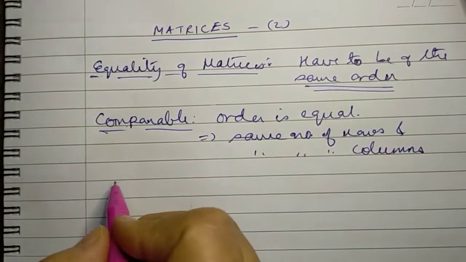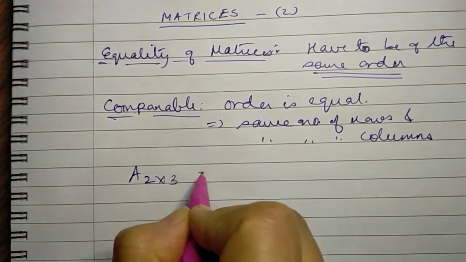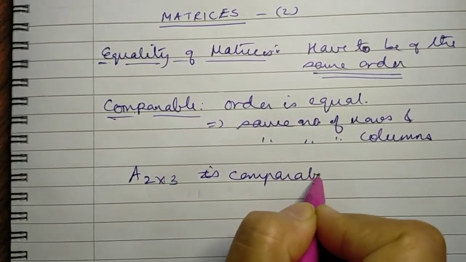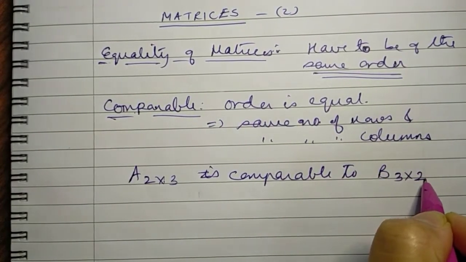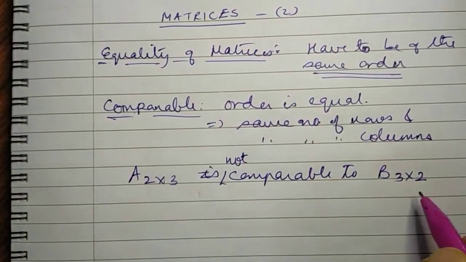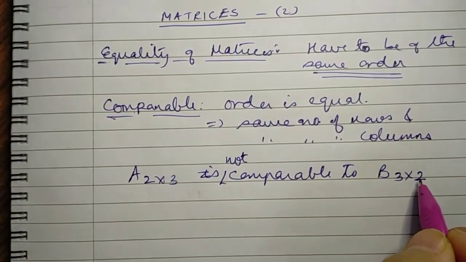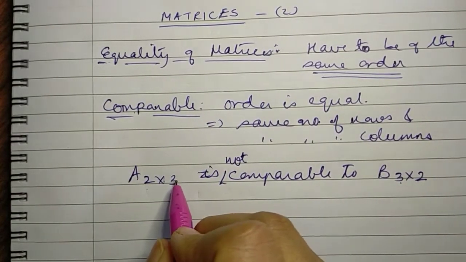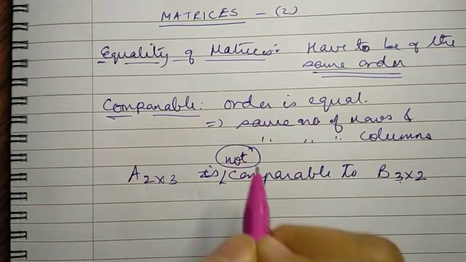That is, we can say that a matrix of order 2 by 3 is comparable to another matrix of order 2 by 3, but it is not comparable to any matrix of the order 3 by 2. Though the total number of elements is same, since the number of rows is not equal to number of rows and the number of columns is not equal to number of columns, these are not comparable.